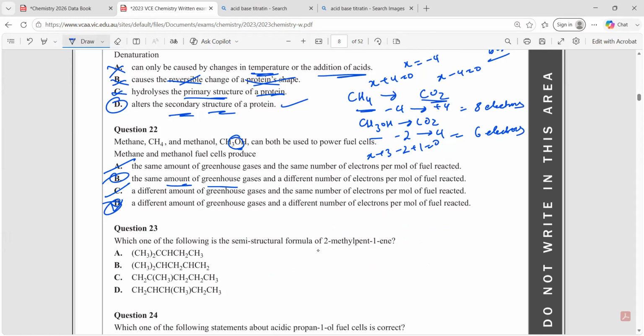The semi-structural formula is 2-methyl, so it'd be this, that, and then 2-methyl there. So this is CH2. Maybe they're doing it from that point. So CH3. There's no two CH3s, right?